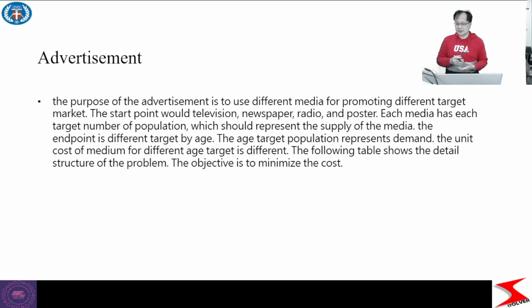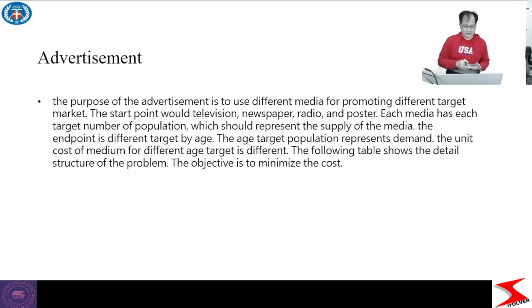So the advertisement problem can also be changed into a transportation problem. Okay, let's see the description of this problem. The purpose of advertisement is to use different media for promoting to different target markets. The start points would be television, newspaper, radio, and poster.